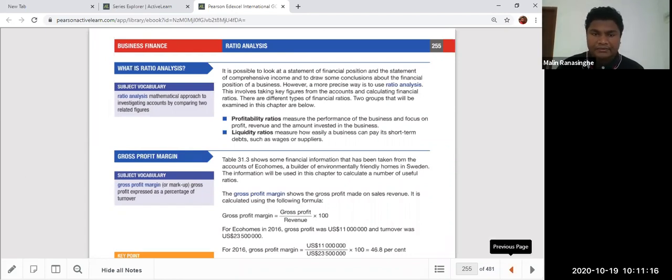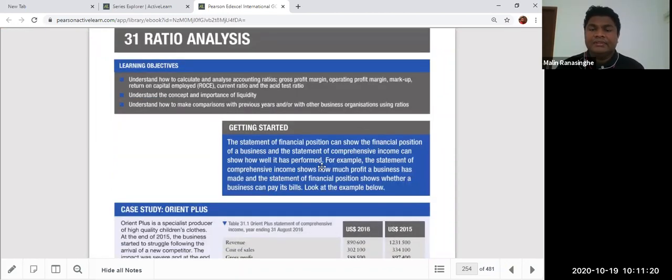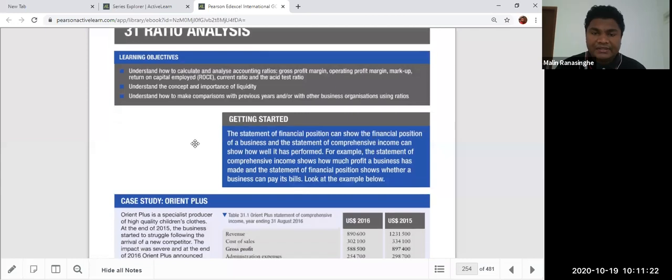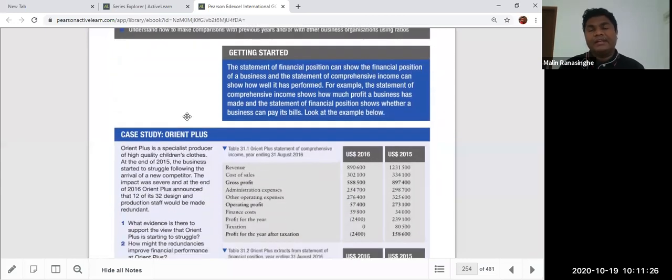Getting started. The statement of financial position can show the financial position of a business, and the statement of comprehensive income can show how well it has performed. By looking at the balance sheet or SOFP, we can find out the financial position of the organization in terms of assets, capital, and liabilities.